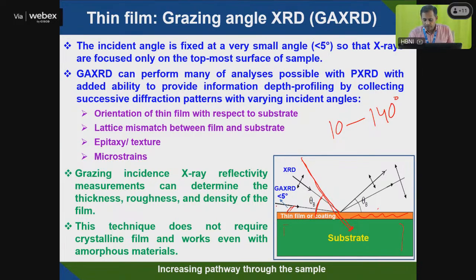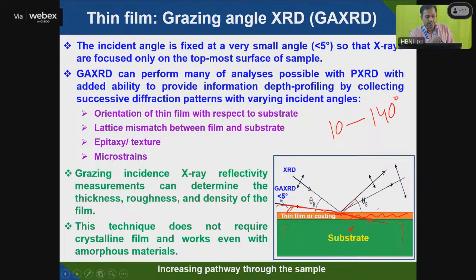The X-ray will mainly focus on the top surface. It has to cross this much path length before it comes to the substrate. Because of this long path length, the X-ray will not penetrate to the substrate, so the signal comes from the thin film.